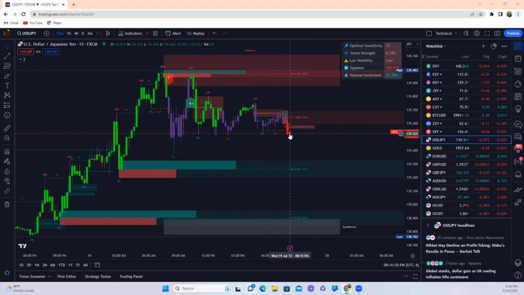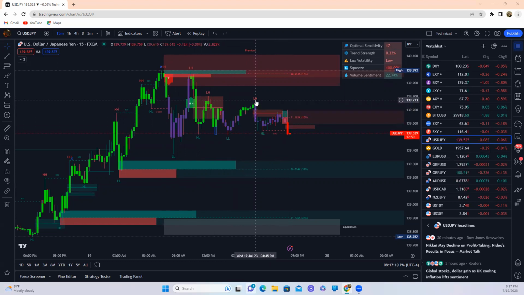So again, if it breaks the pattern, then that makes the setup invalid. That's what I really want to get across to you: if it breaks the pattern, the setup becomes invalid, and all you do is wait for the next valid setup, right?